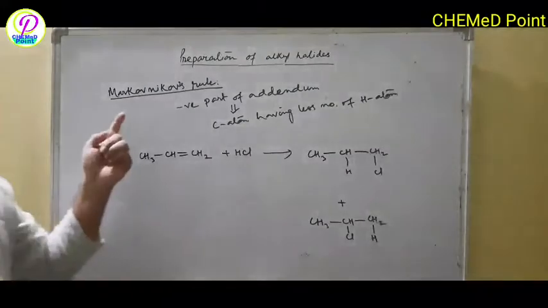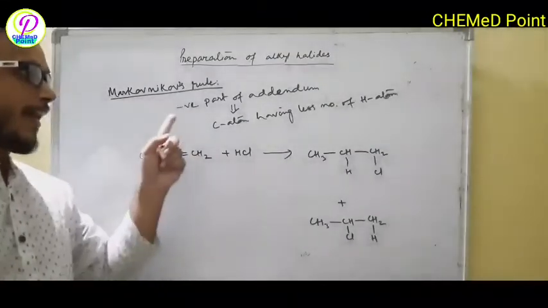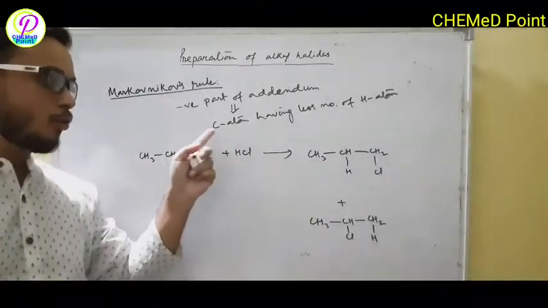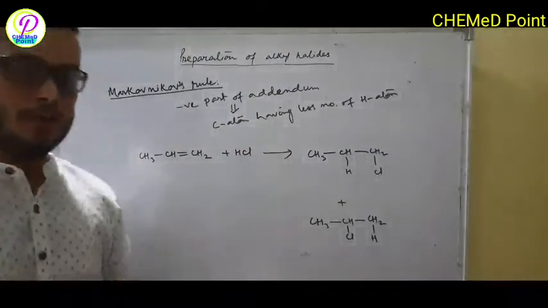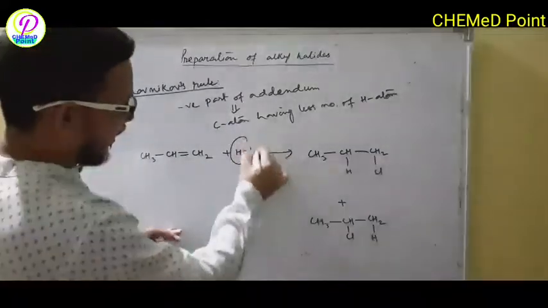So according to Markovnikov's rule, the negative part of addendum is added to those carbon atoms having less number of hydrogen atoms. This is our addendum.